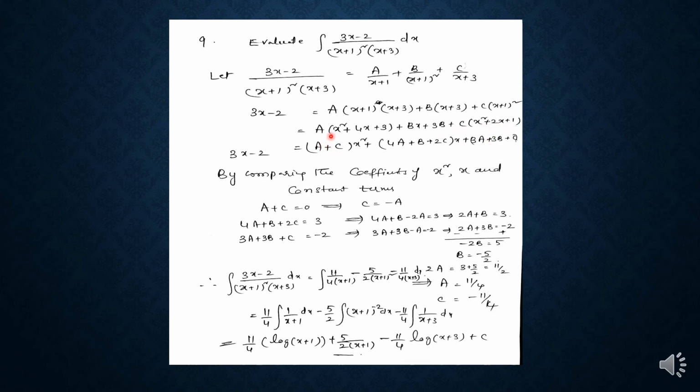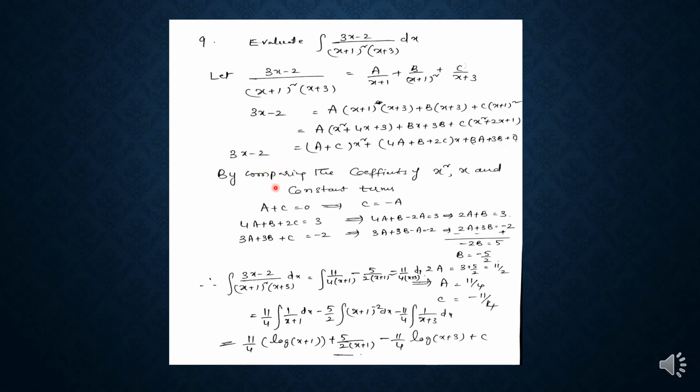Now writing the terms like this: Ax square plus Cx square, that is (A plus C) into x square. Now this can be written as (A plus C) into x square plus (4A plus B plus 2C) into x plus (3A plus 3B plus C). So that is equal to 3x minus 2.